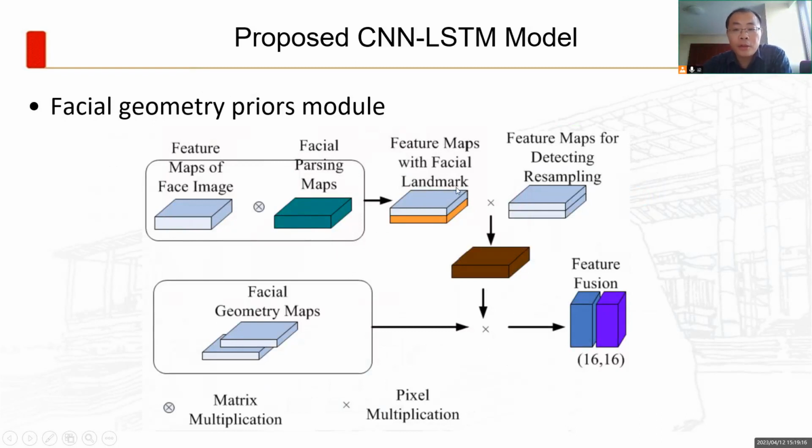The first is a feature map for detection resembling, which is the output of the CNN-LSTM network. And the second feature map is a feature map with facial landmarks. This feature can be extracted by using CNN networks. And the third feature map is facial geometric maps. It is very important in our proposed models.